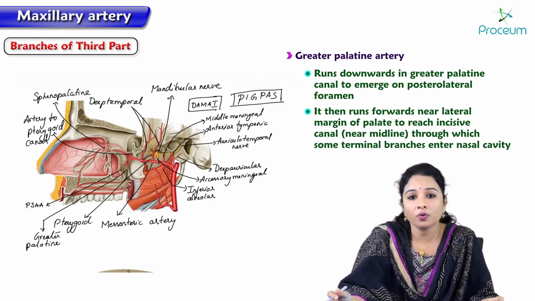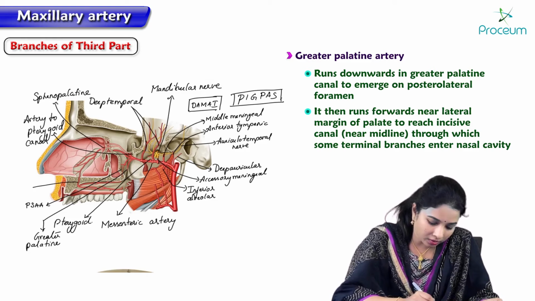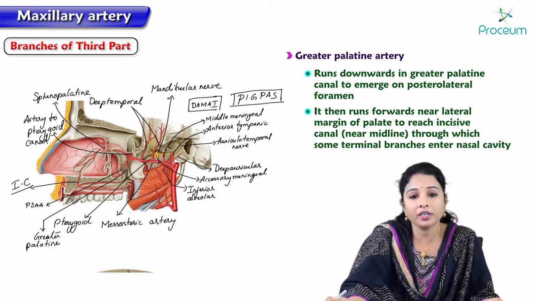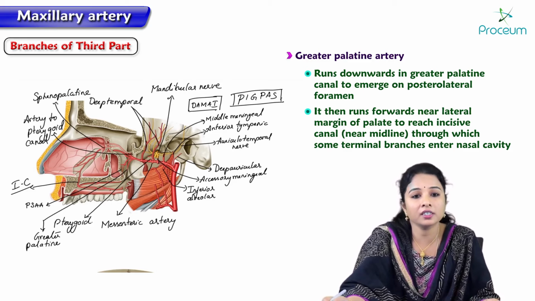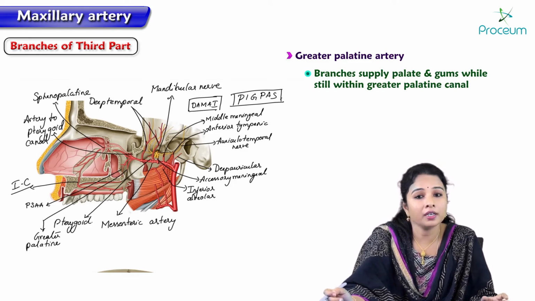It then runs forwards near the lateral margin of the palate to reach the incisive canal near the midline. This is the incisive canal, which is located in the midline, through which some terminal branches enter the nasal cavity. Branches of the artery supply the palate and gums.